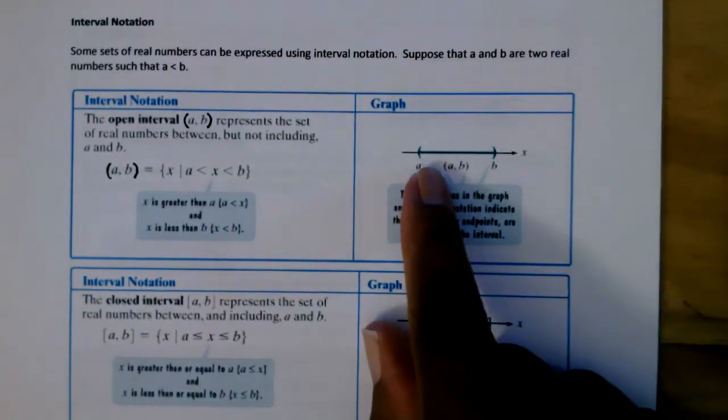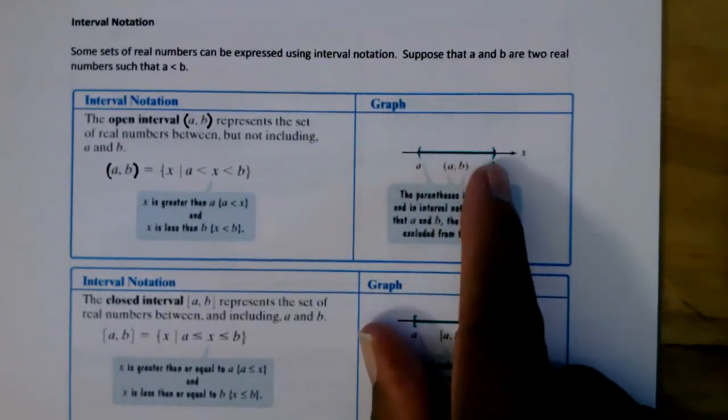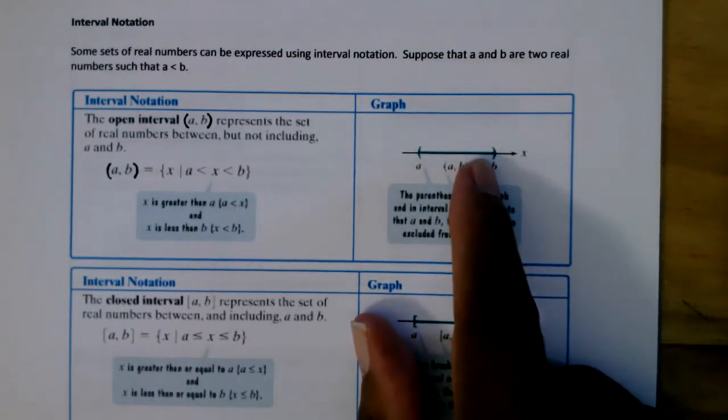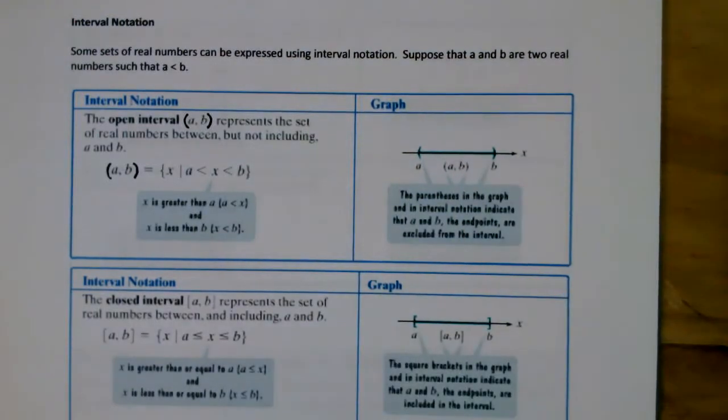And the graph looks like this. Here we have parentheses at A and B to indicate that those endpoints are not included. And we shade in between to indicate that all the values of x are in between A and B. But here the endpoints are not included.